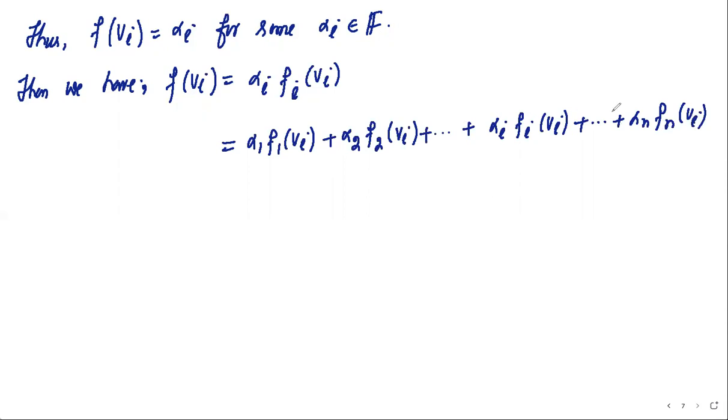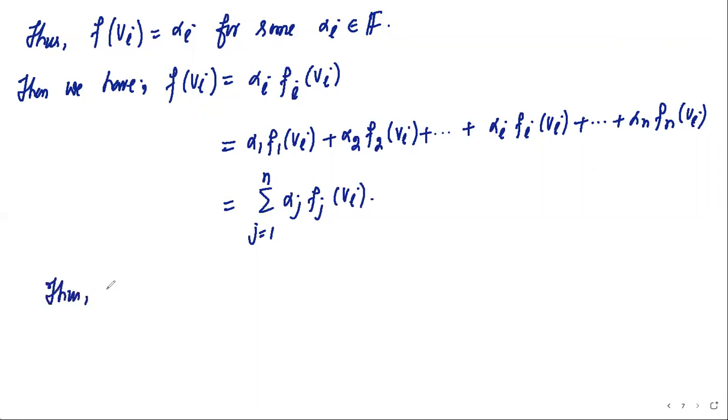Now in this sum, f1 of vi is 0, f2 of vi is 0, and everything is 0 except fi of vi, which is equal to 1. And so we again get alpha i. So this is actually the summation over j from 1 to n of alpha j fj of vi. So that's actually what we have done.